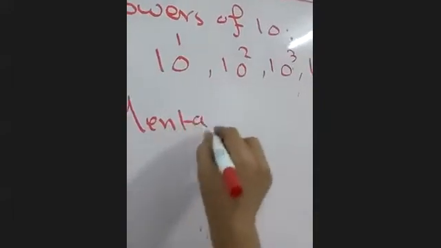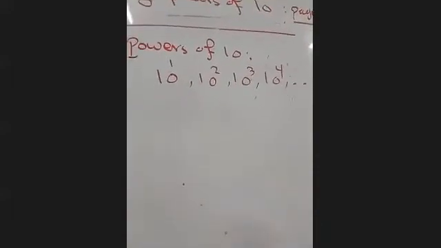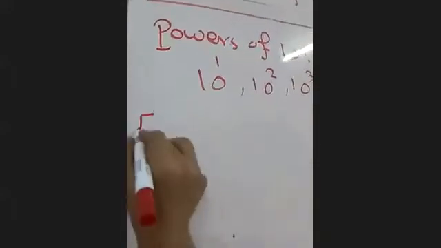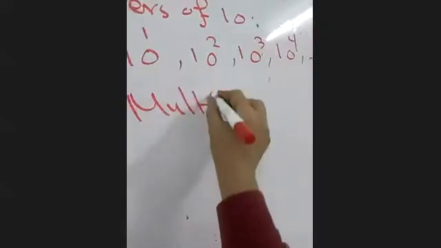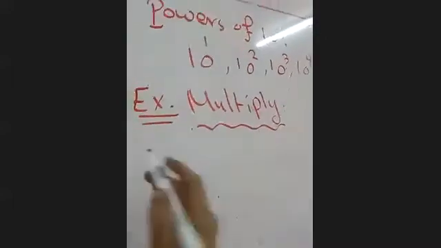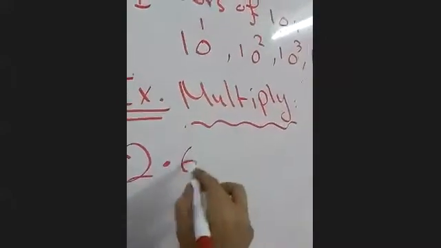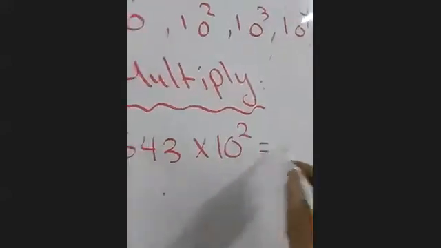Mentally means without calculations. We will multiply directly. Look here and try to understand what I'm talking about. For example, 2.643 multiply 10 to the power 2.